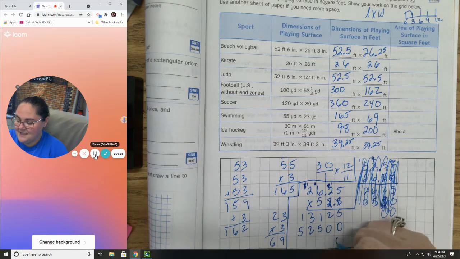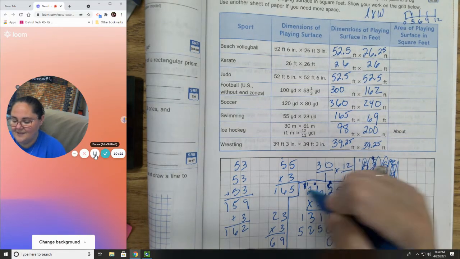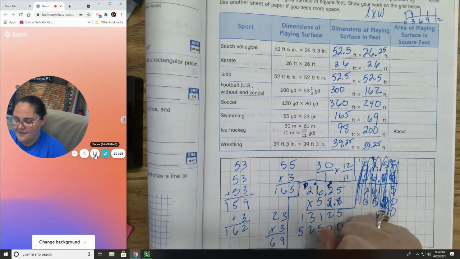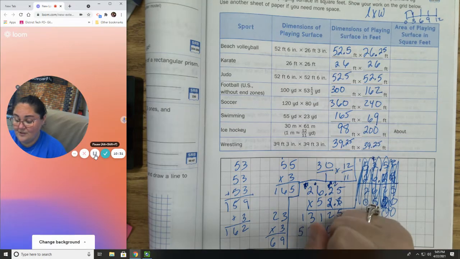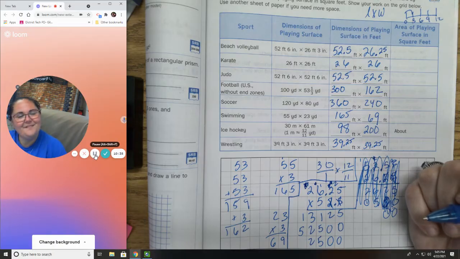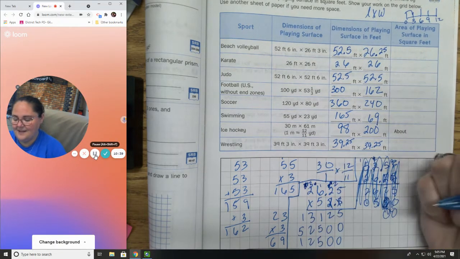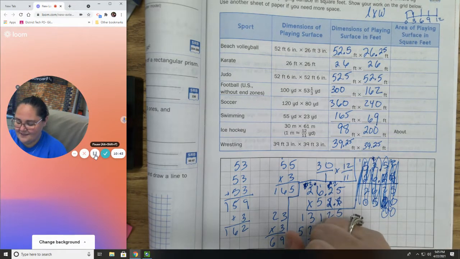My X's and the O's, they haunt me. I put 2 O's because I have 2 X's. Here we go. 5 times 5 is 25. Carry my 2. 5 times 2 is 10, plus 2 is 12. Carry my 1. 5 times 6 is 30, plus 1 is 31. Carry my 3. 5 times 2 is 10, plus 3 is 13.